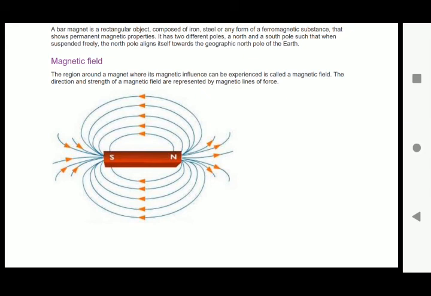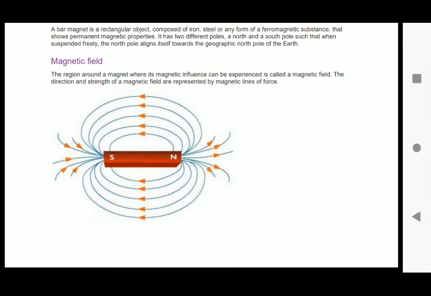You can see that the magnetic field lines always begin from the north pole of the magnet and end on the south pole of the magnet. The direction of the magnetic field lines are shown using the arrows. Inside the magnet, however, the direction of magnetic field lines is from the south pole to the north pole.